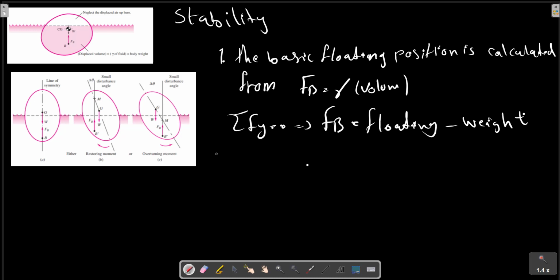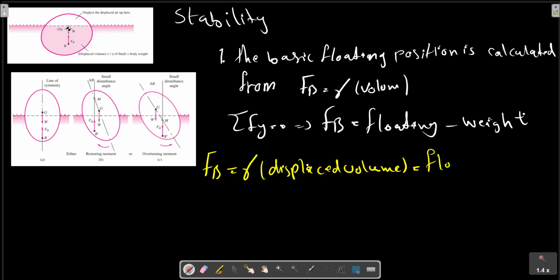So we can write the equilibrium equation: FB equals gamma times displaced volume, equals the floating force minus the weight of the submerged body.